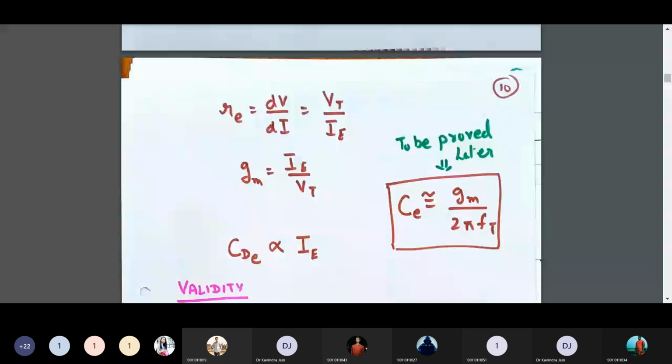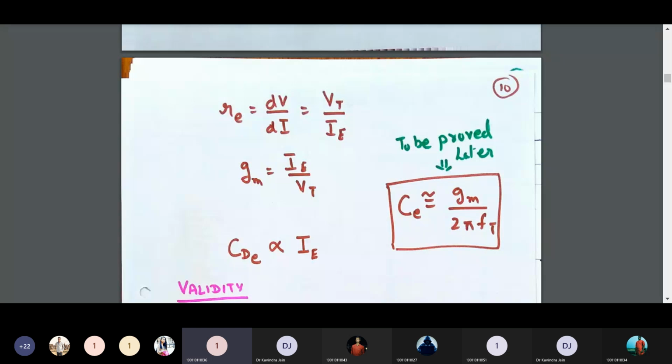In case of the hybrid pi model, I repeat, under dynamic conditions only, the rate of change of VBE is so small that the base current IB is so small.